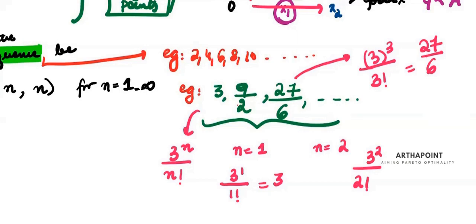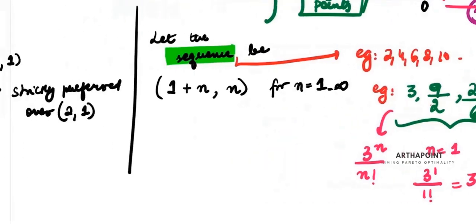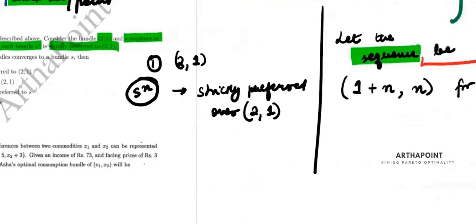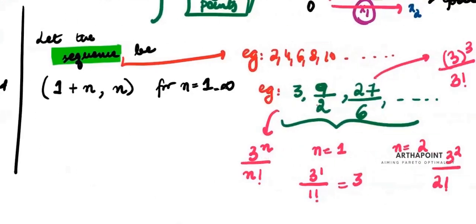So ideally, for something to be called a sequence, you must be able to see some pattern. Here it says consider the bundle 2, 1 and a sequence of bundles Sn such that each bundle Sn is preferred to 2, 1.